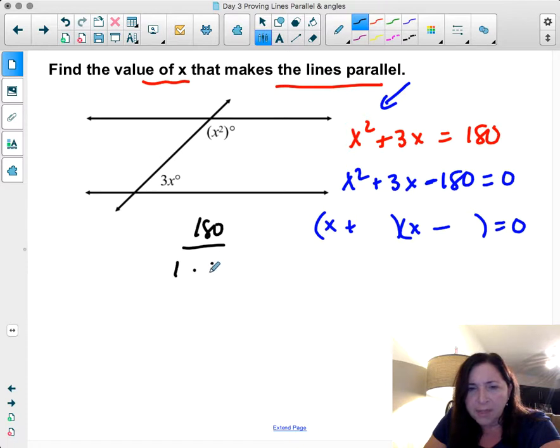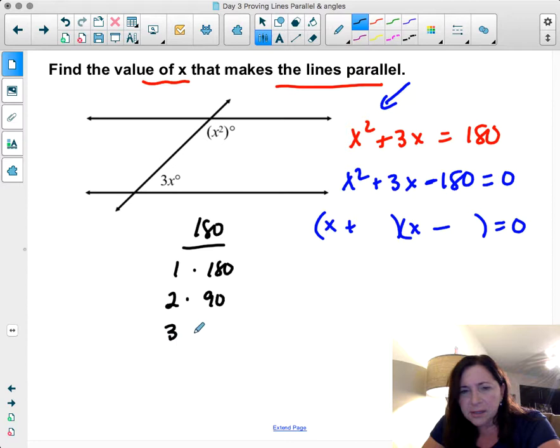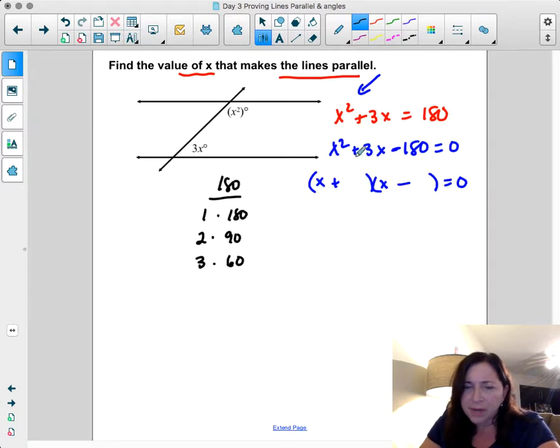I know that 1 times 180 is 180, but that's not going to add up to 3. I know that 2 times 90 is 180, but that's also not going to add up to 3. I know that 3 times 60 is 180, and that's not going to add up to 3.